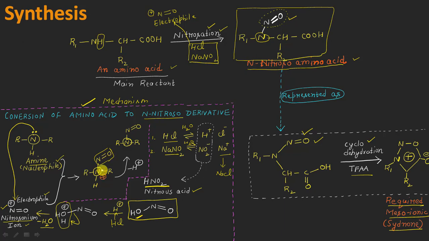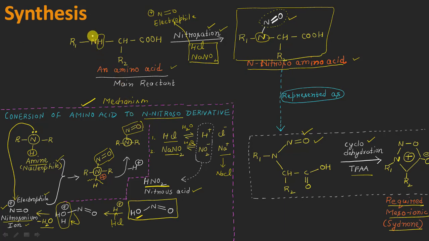And finally the positive charge on this nitrogen atom, because it is an electronegative atom, in order to get rid of this positive charge, it will simply lose a proton from here, resulting in the formation of this type of RNR. And in place of this H here, this N double bond O group, I mean the nitroso group, will just come, right?